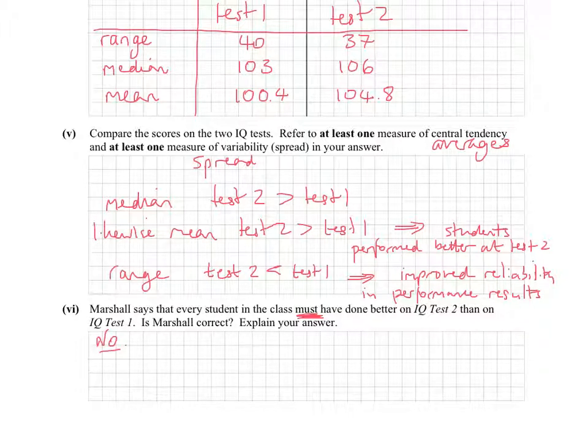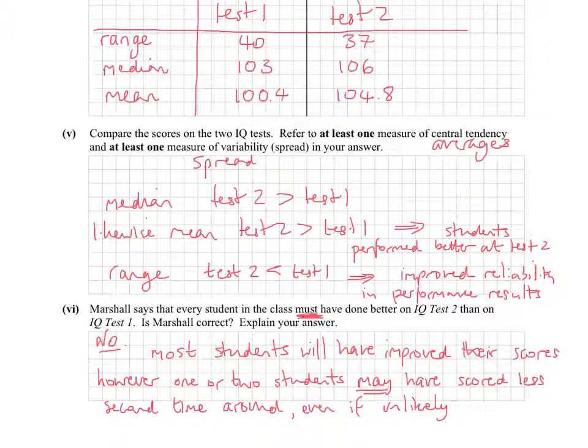He's not necessarily wrong, but the statement as such is not correct because of the word must. Whilst generally speaking, their performance has improved from test 1 to test 2, and they've become more reliable in their testing, we cannot guarantee for certain that every single student has definitely improved. You could have almost everyone improving, yes, granted, but not necessarily every student.